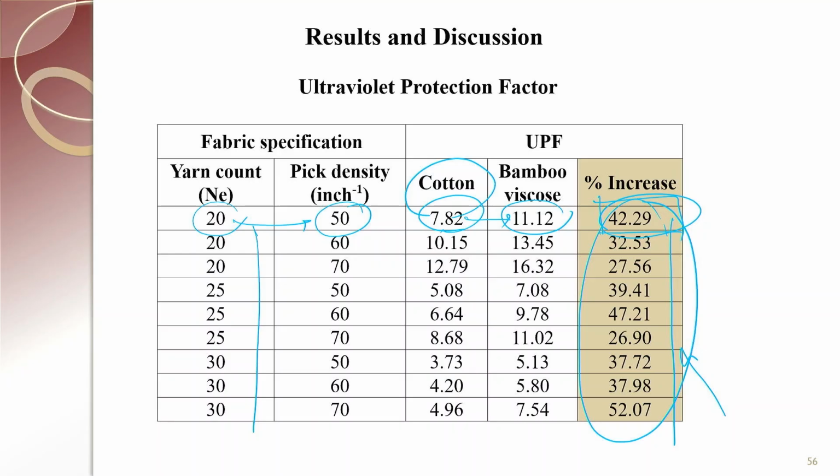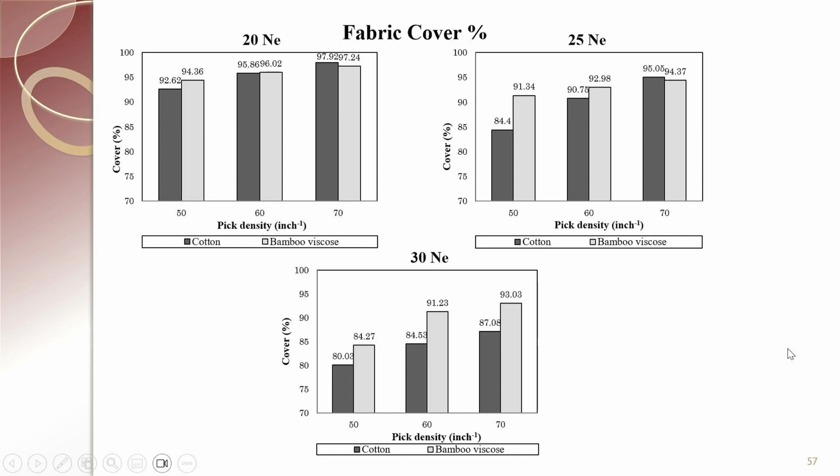Then we thought okay, cotton and viscose are basically cellulosic structures, and cotton has got higher crystallinity. So, we had a little bit of doubt on this type of results. So, we tried to study in depth.